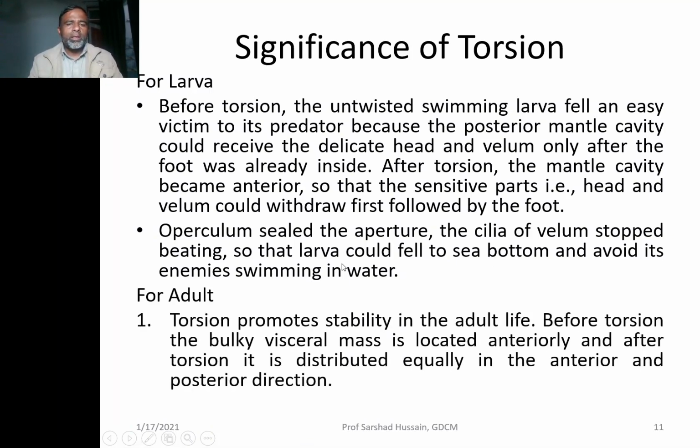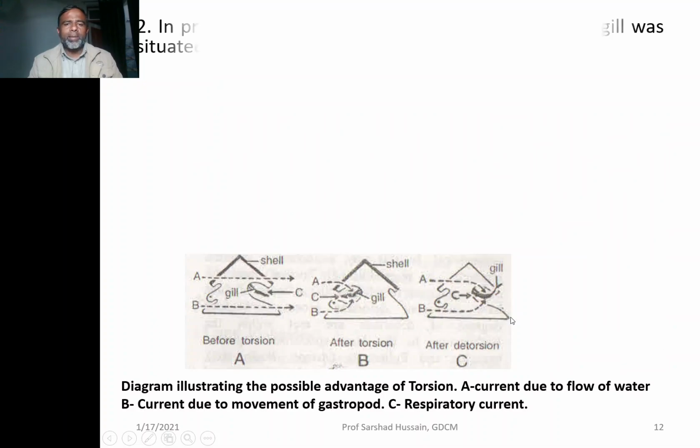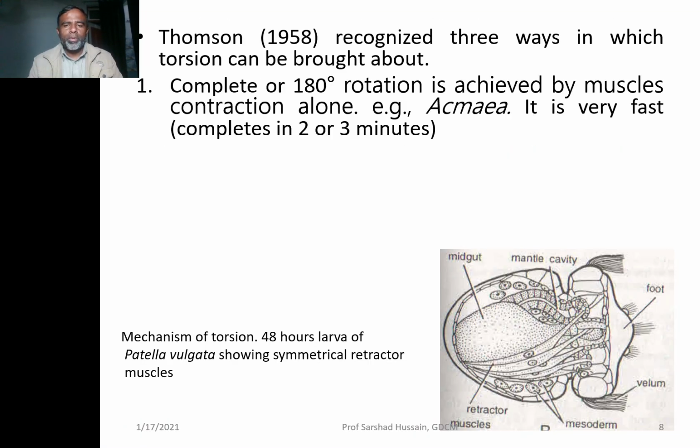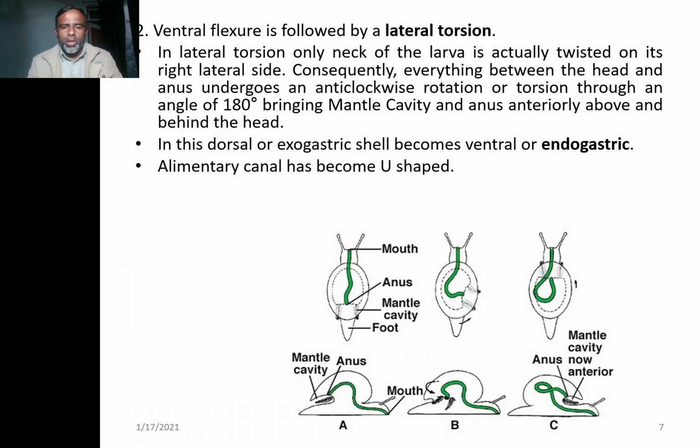Then, for the adult, what is the significance? Torsion promotes stability in the adult life. How does it promote stability? Again, I will bring you back to a diagram to show how stability is maintained.